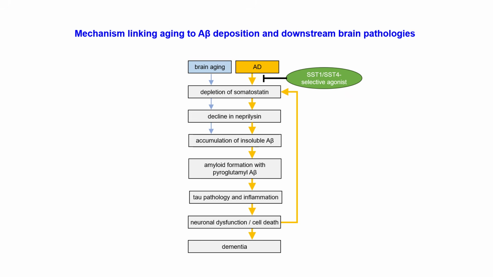Neuronal dysfunction and neurodegeneration would further exacerbate somatostatin depletion, establishing a positive feedback loop that may accelerate disease progression. Activation of the SST1-SST4 somatostatin receptor heterodimer may decelerate this pathogenic cascade by upregulating neprilysin expression.